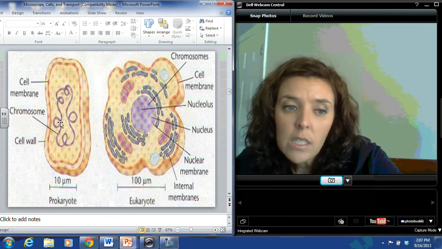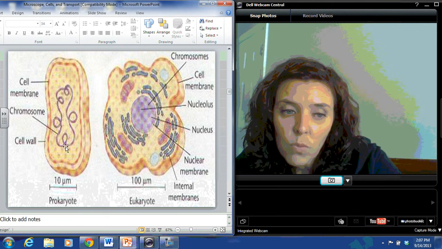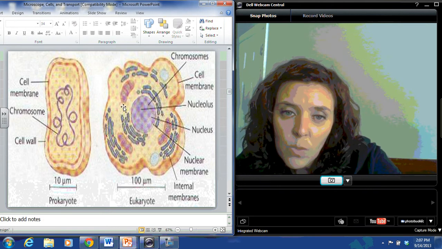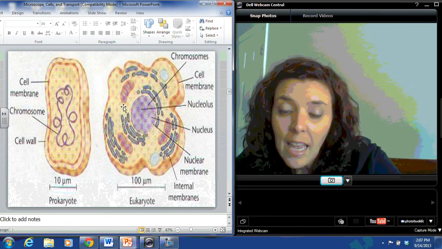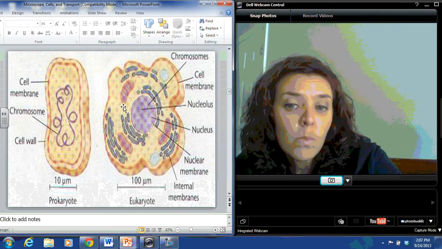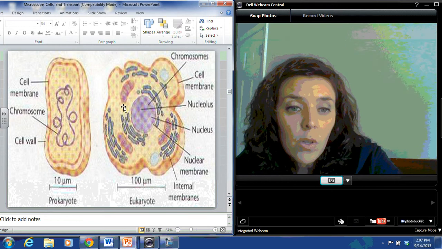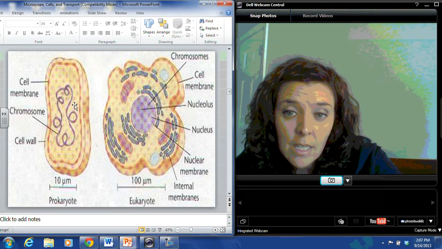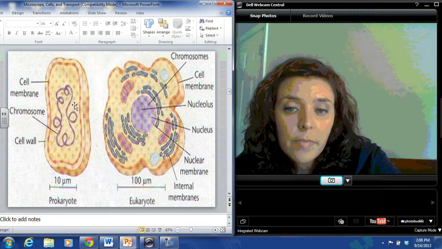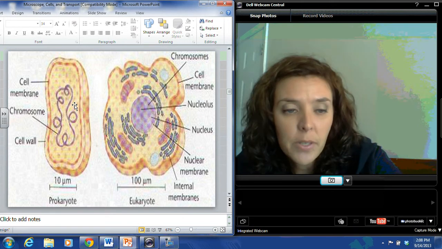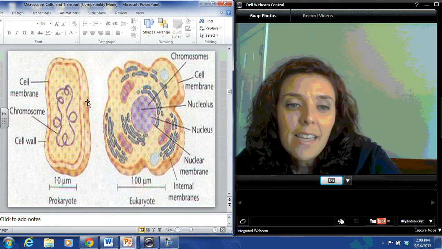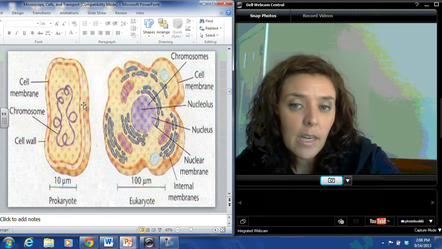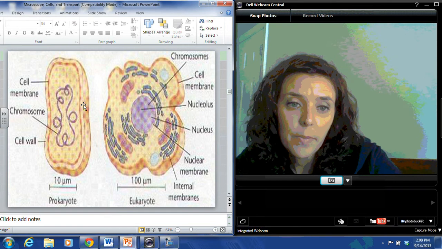Now, if you notice, there are some little red looking dots in here. Same thing over here. That's one thing they have in common, is that they have ribosomes. Ribosomes make protein. So both eukaryotic cells and prokaryotic cells have ribosomes that make the proteins. But even those look slightly different from one another depending on if it's a prokaryotic cell or a eukaryotic cell.